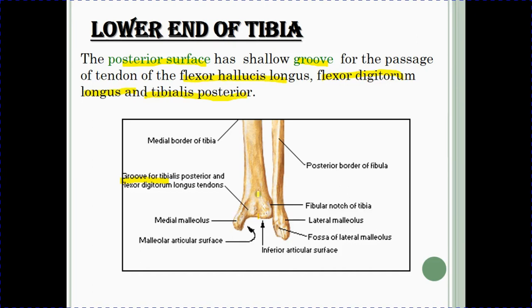So these 3 muscles pass just from the lower end of the posterior surface of the tibia, and there are grooves present over here for the tendons of tibialis posterior, flexor digitorum longus, and flexor hallucis longus muscle.